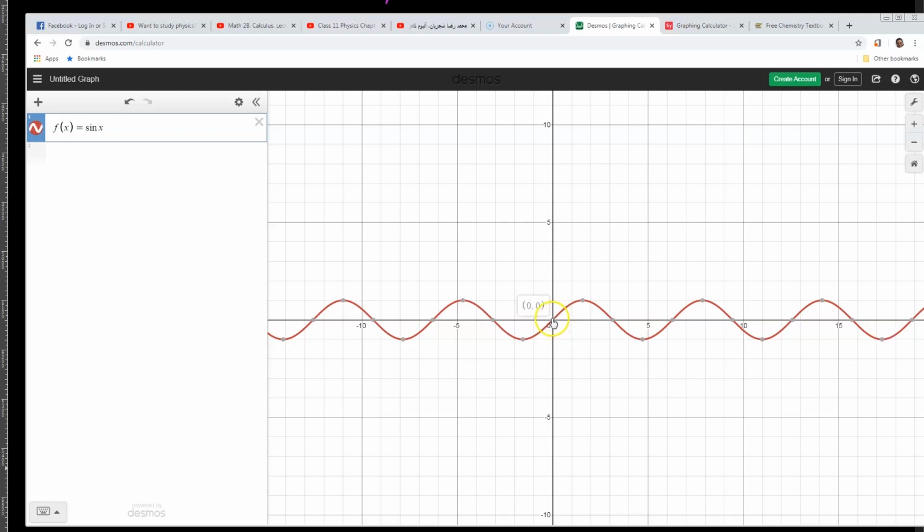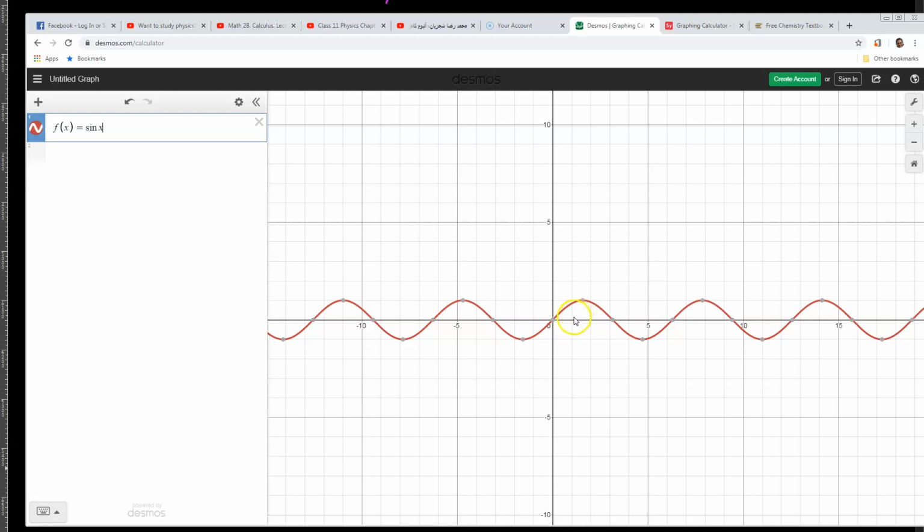But if I go, for example, 0 to pi, you can see that you get equal outputs for the function, meaning that at this point you have this output and this output, and the inputs are actually not the same, they are different. So between 0 and pi, the function is not 1-1.